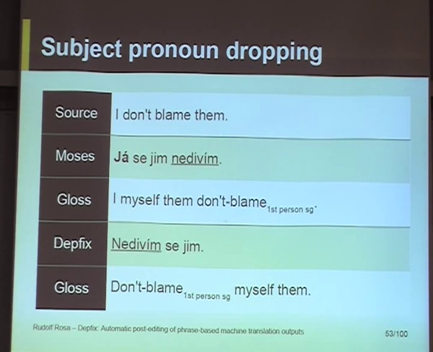We have again a set of heuristic rules which try to detect such cases, like if there is, for example, a coordination of several subject pronouns, then we can't drop them. If we can see that they are somehow stressed, then we can't drop them. But in a case like that, we can drop it.